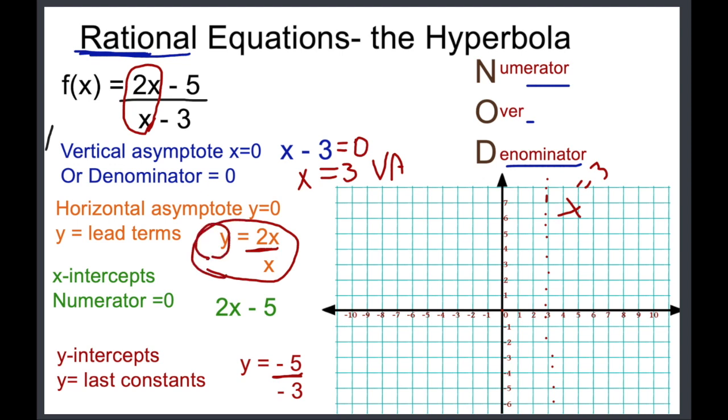This will give us a horizontal asymptote. Now this fraction will reduce to y equals 2. So the horizontal asymptote is at y equals 2. So we'll go right along this y equals 2 line.